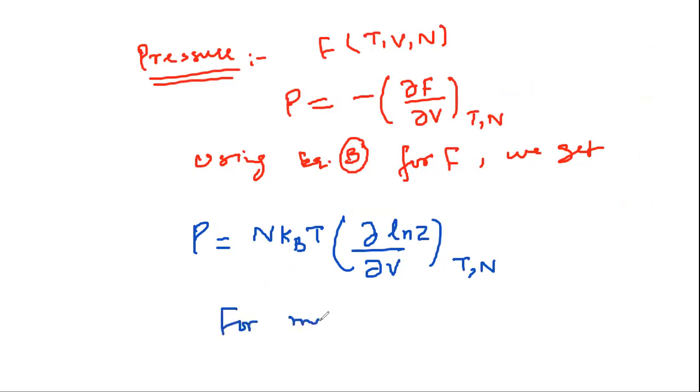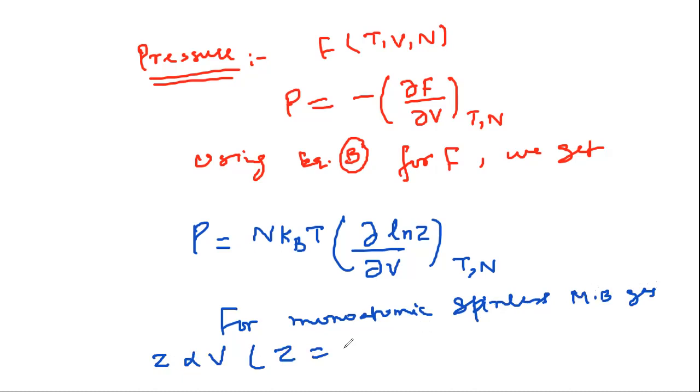For monoatomic spinless Maxwell Boltzmann gas or ideal gas, Z is proportional to V. Remember the equation, Z is equal to V times 2 pi m kB T by h square whole raised power 3 by 2.